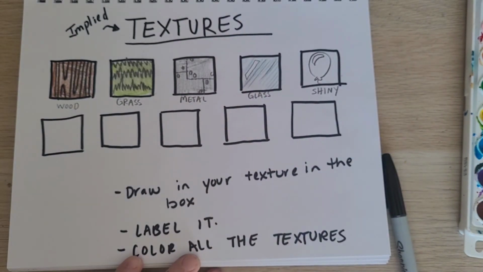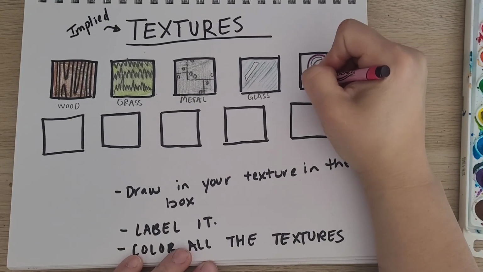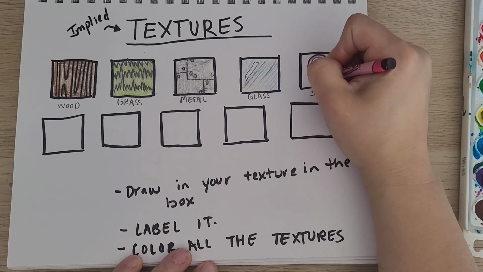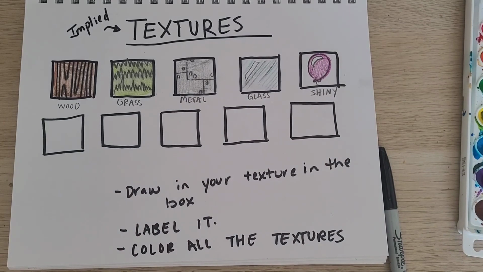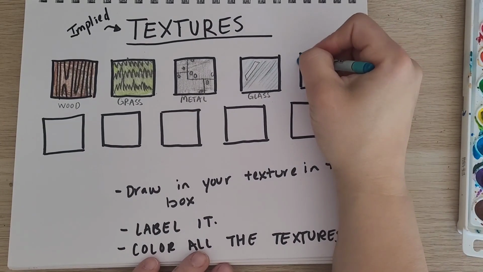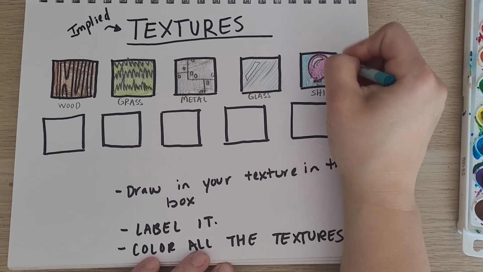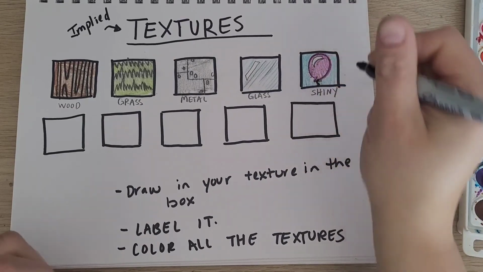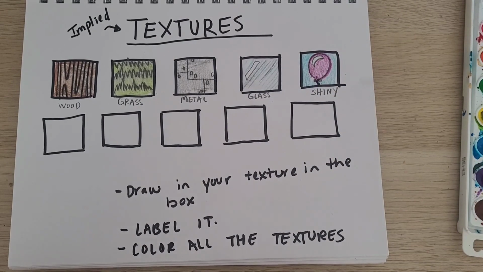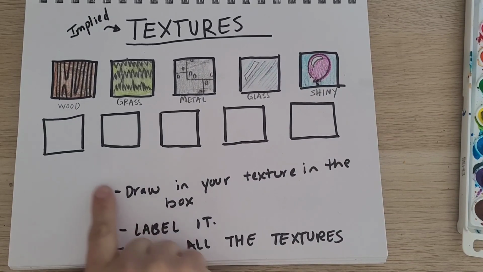The balloon, I guess I'll do this purple color. Alright, so make sure you do the next 5. You label them, and then you color them.